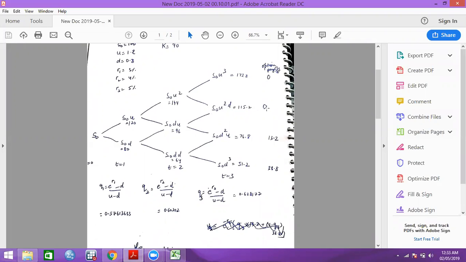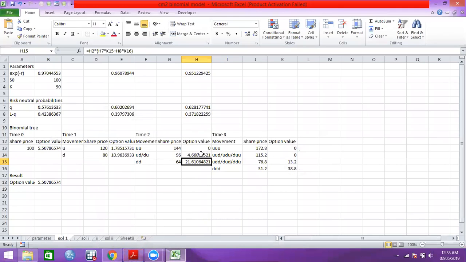The formula to calculate the value of the contract is e to the power minus r times Q CU plus 1 minus Q CD. So CU in this situation is 0 and CD in this situation is 13.2. So it has to be e to the power minus R3 into Q times 0 plus 1 minus Q times 13.2. I've done the same calculation, e to the power minus R3 into Q3 CU plus 1 minus Q3 into CD, and the value that you will get is 4.68668.